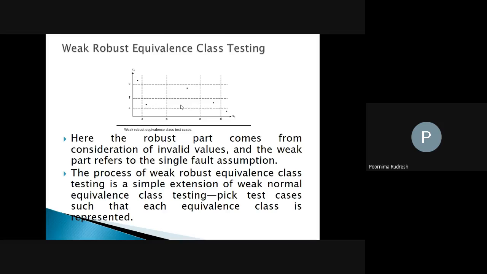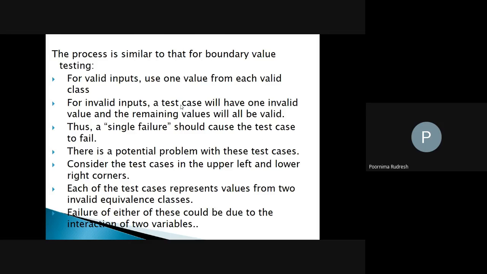So hence the problem arises. Whenever the invalid cases occur, the system fails. If the failure occurs, then we say it is the failure of the test cases. So each failure of either of these two test cases could be due to the interaction between the two variables.